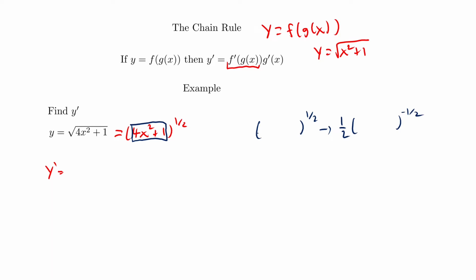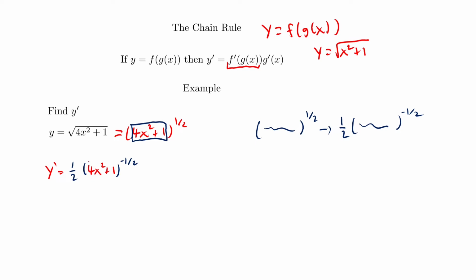And the key here is that whatever that something is, we're not actually going to make any changes to it. So whatever it was to begin with, that's going to be the case. So in this example, this is going to be 1/2, all of this to the negative 1/2, and then inside here is just the 4x squared plus 1.